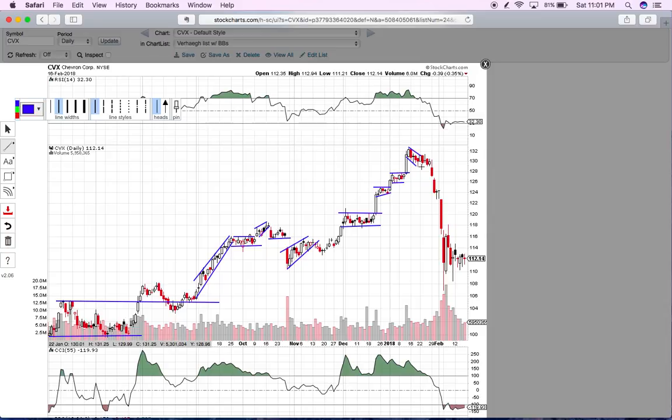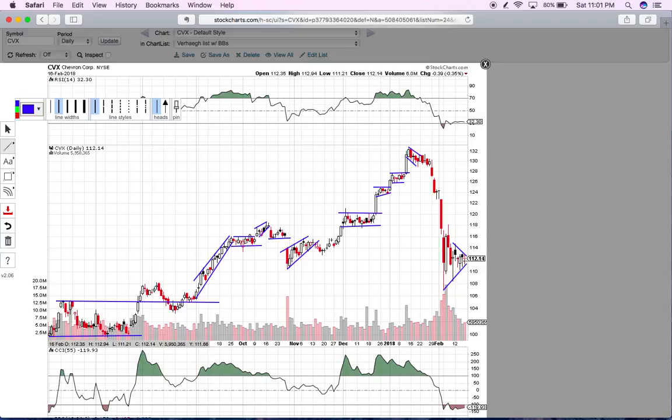And then we've got, this is when the market kind of didn't crash but corrected on us a couple of weeks ago. And now, and we'll talk more about this next time, now we have a wedge pattern currently with Chevron. See how it forms a wedge, or some people call that a triangle.